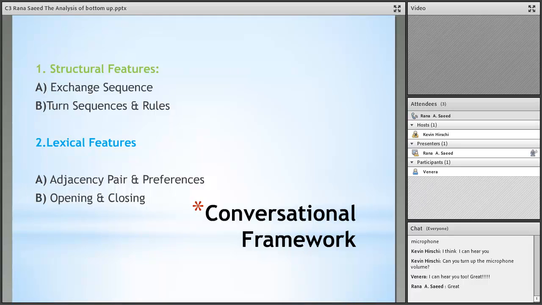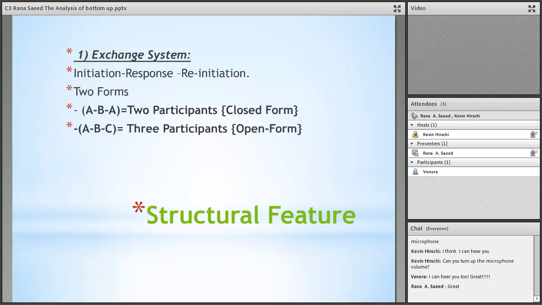Dialogues. Now, the first thing within these structural features is the exchange system. The exchange system is highly connected with the idea of turn-taking among the participants. So when the first person starts his speech, he usually forms the initiation.